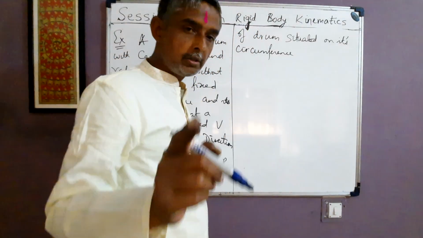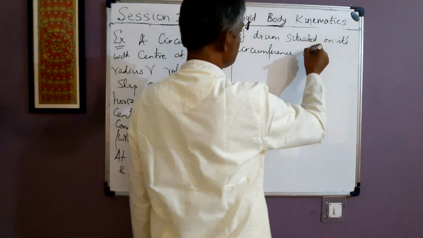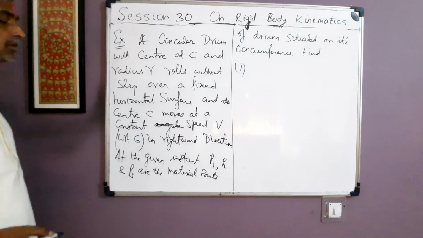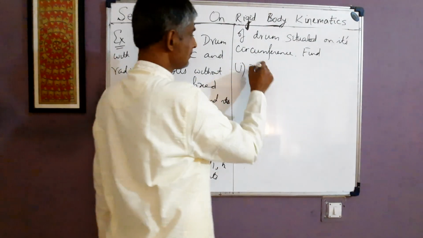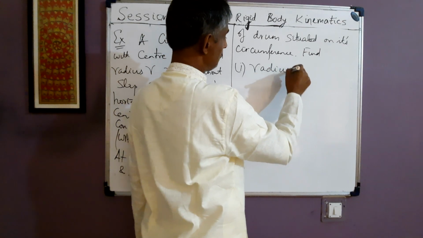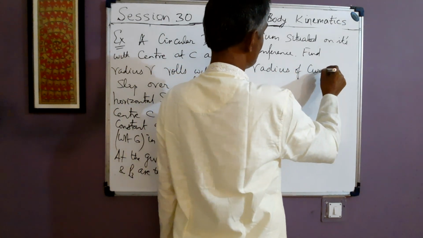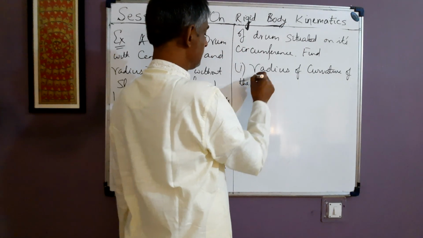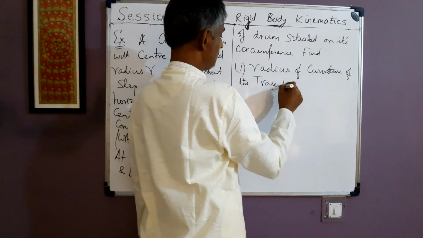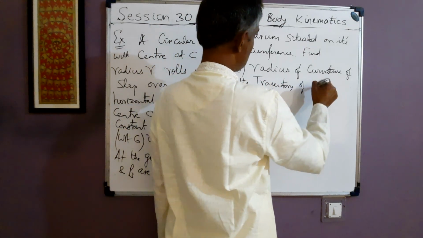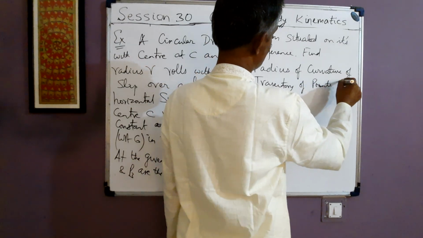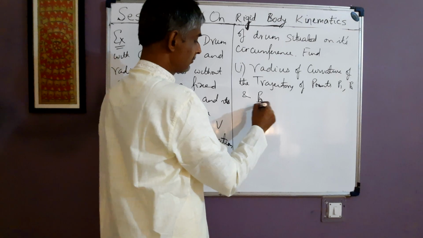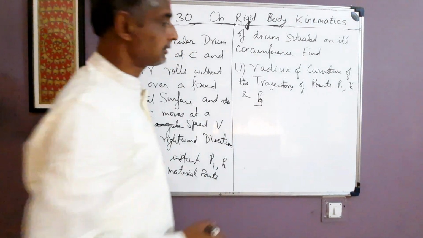I'll tell you what I have to determine. Find first the radius of curvature of the trajectory of points P1, P2 and P3 in terms of R.